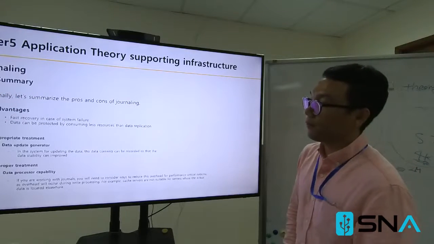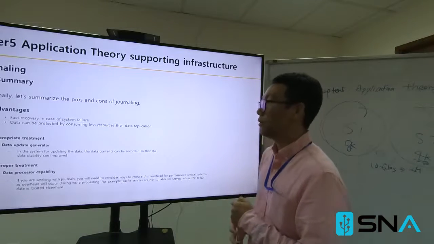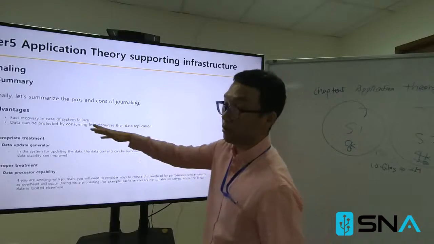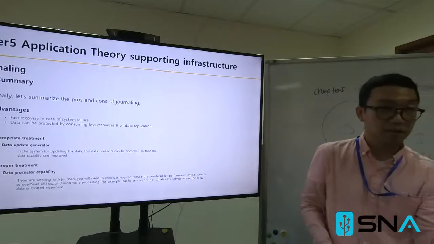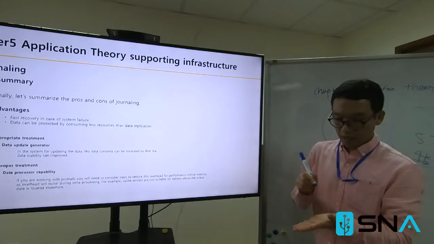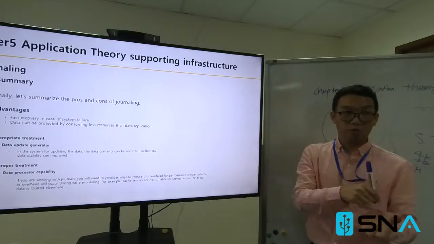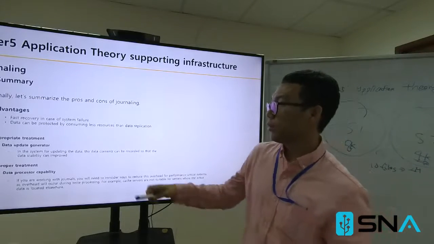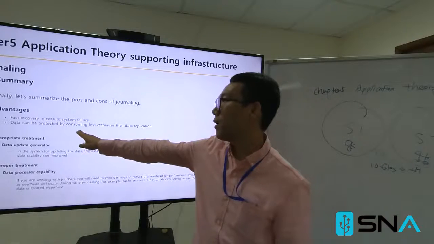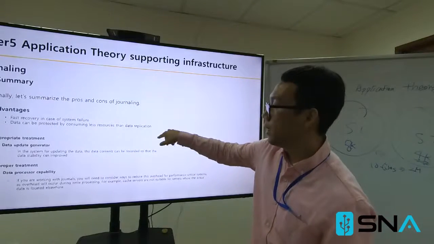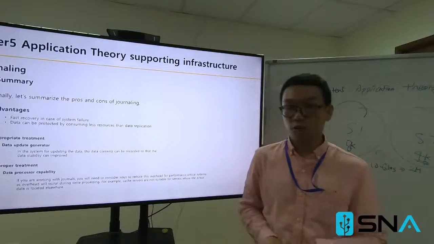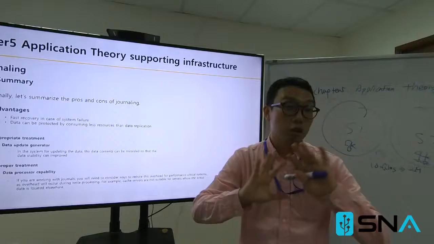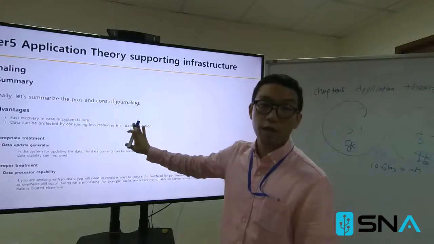Let's summarize the pros and cons of journaling. Advantage: fast recovery, because we can easily find things by going through the metadata. In case of system failure, data can be protected, consuming fewer resources than data duplication. So almost all systems nowadays use a journaling file system.